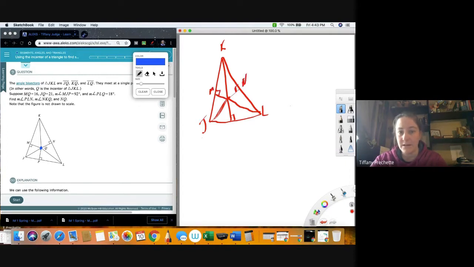M, N, P, and here's Q in the middle. And what we need to do is fill in the rest of the pieces. So MQ, they tell us, is 16. JQ, which is this piece here, they tell us is 21.